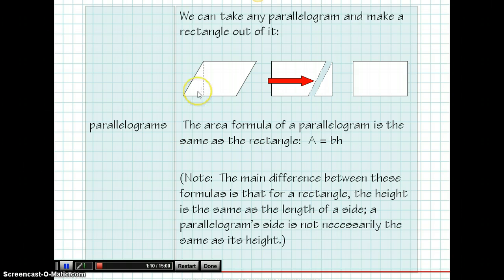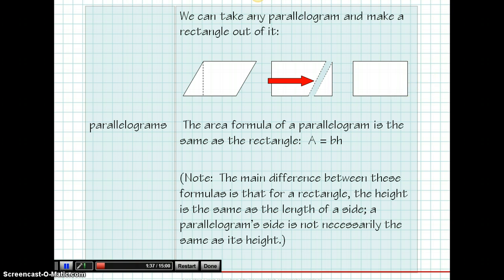And if we take that slice and we move it to the other side of my parallelogram, because I've got two pairs of parallel sides, it will fit and actually form a rectangle. So since we have a rectangle now, the formula is the same as before, the base times the height. So for a parallelogram, the area formula is base times height.